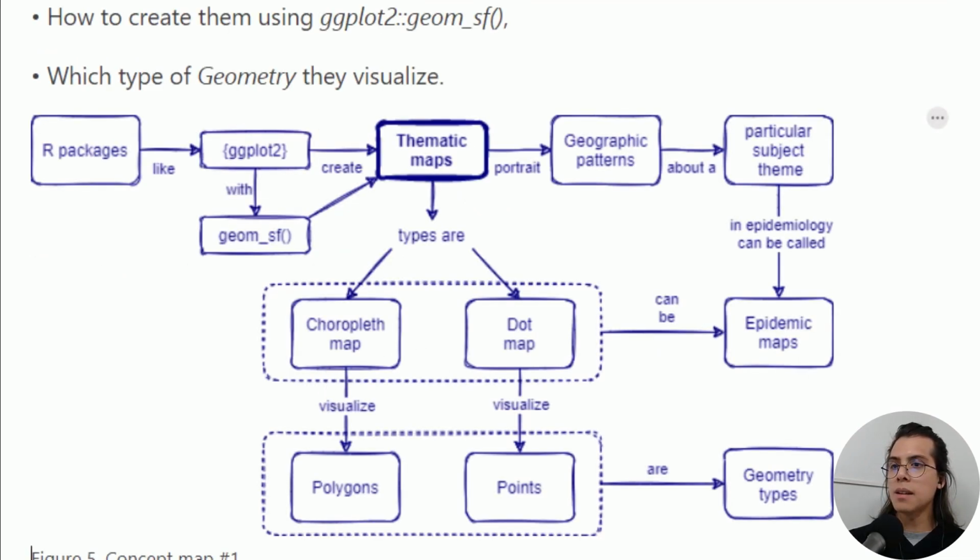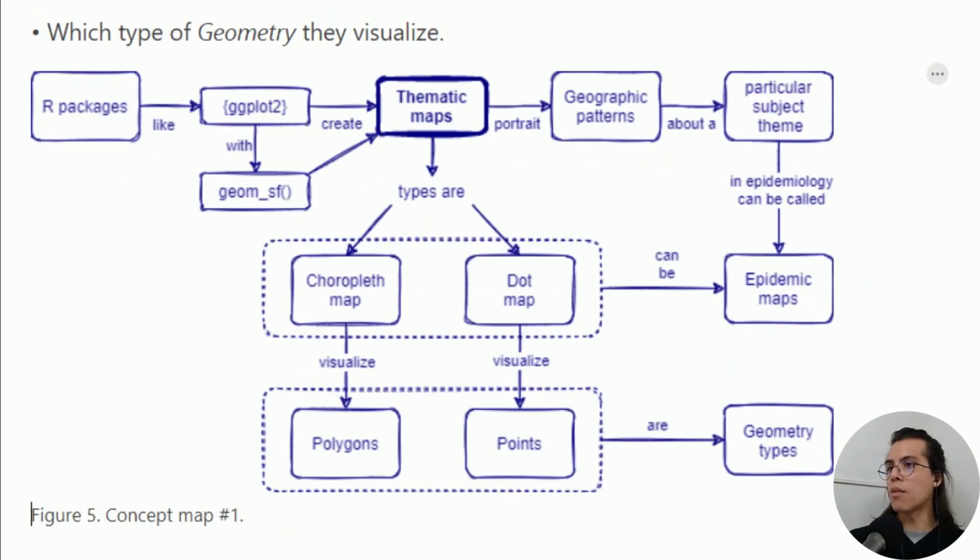As a summary diagram of our lesson today, we learned that thematic maps are of two types, choropleth maps and dot maps. Choropleth maps allow us to visualize polygons, while dot maps visualize points. And these names belong to geometry types. And we can use R packages like the ggplot2 package using the geom_sf functions to create them.